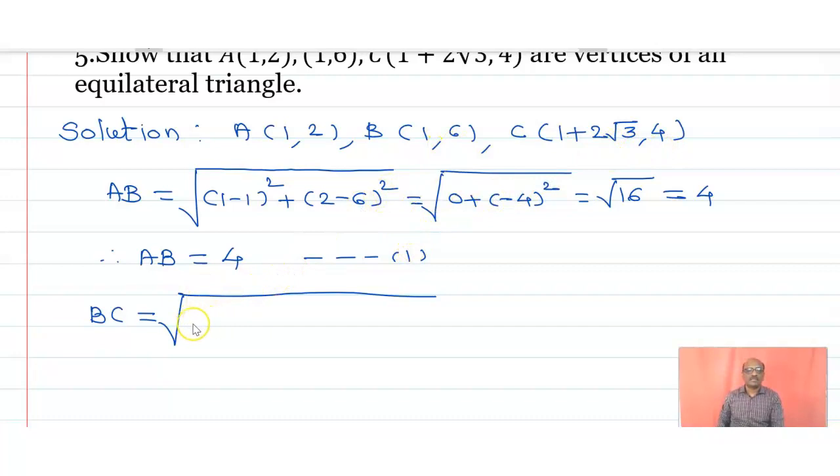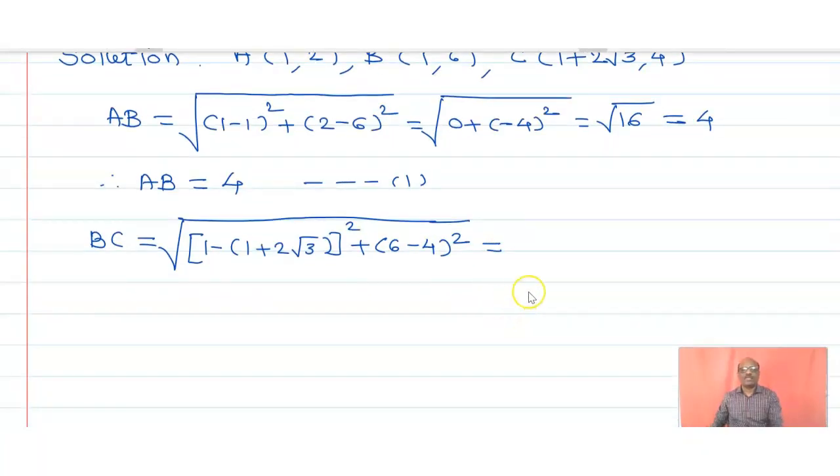Again in bracket 1 minus in bracket 1 plus 2 root 3, that's the bracket square, plus next y1 minus y2 means 6 minus 4, it's the bracket square.